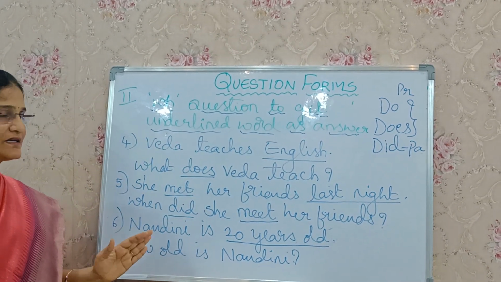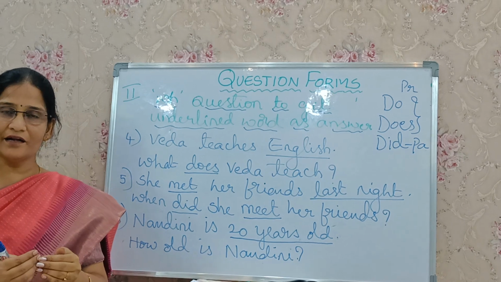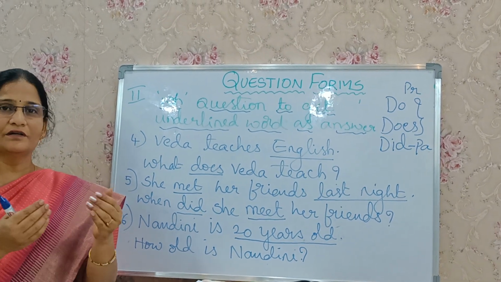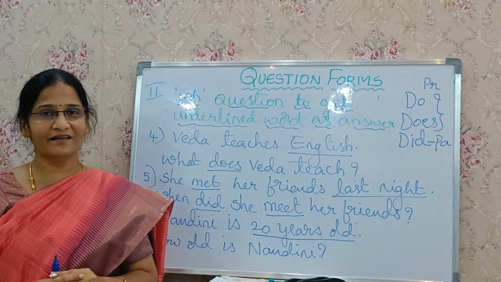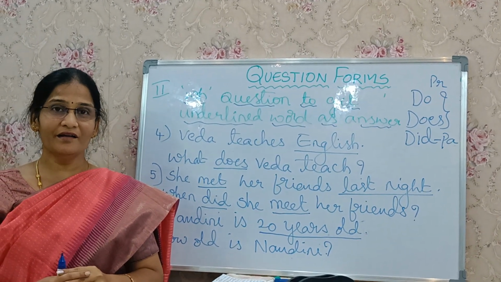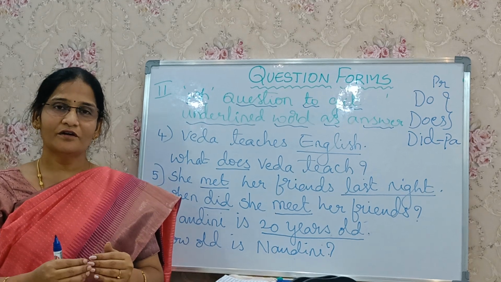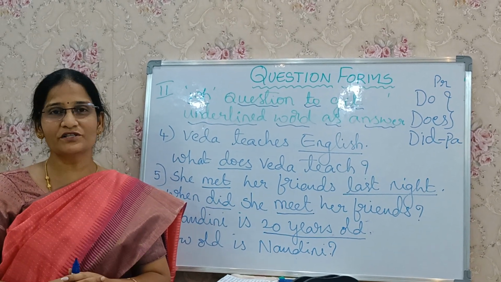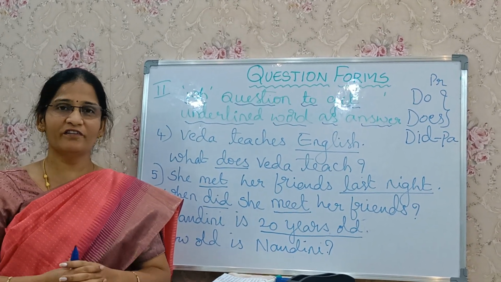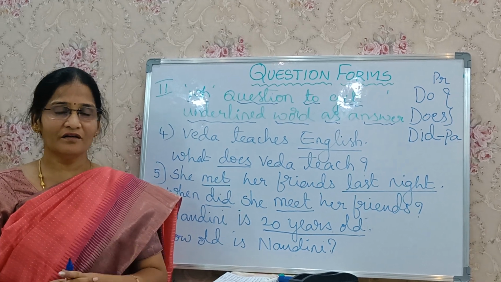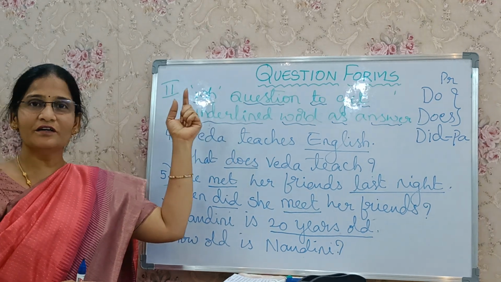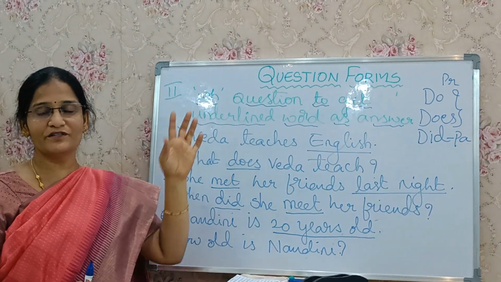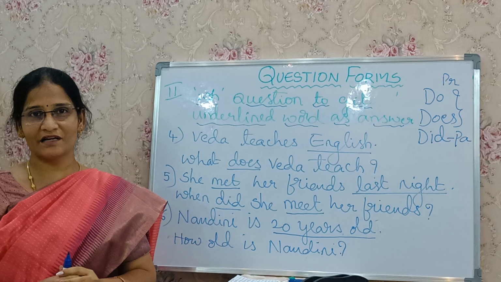You also can take some statements from your textbooks and try changing them into questions, either with the do form of the verbs, or by underlining some phrase in the statement and framing a WH question to get the underlined word as an answer.